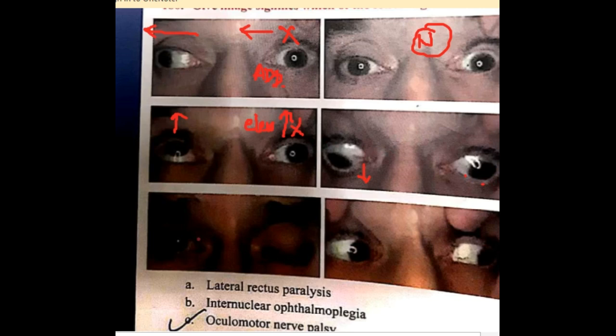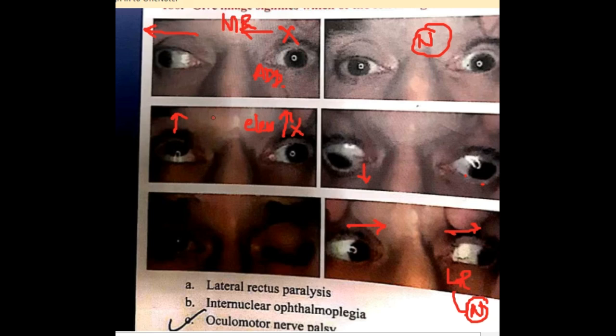Anyway, here there is ptosis of the eyelid. But abduction is normal. Abduction is caused by the lateral rectus, which is actually normal. Now the problem is in the medial rectus, because there is no adduction.